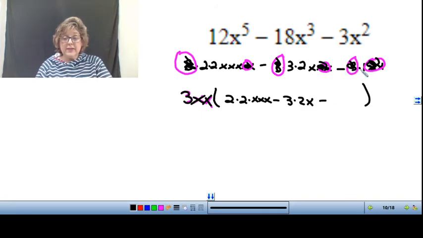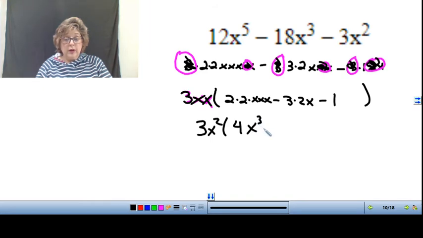And that's out, that's out. The only thing left is that 1. So now let's write this nice. It would be 3x squared, 2 times 2 is 4x to the third, minus 3 times 2 is 6x, minus 1. And now I've factored out my greatest common factor.